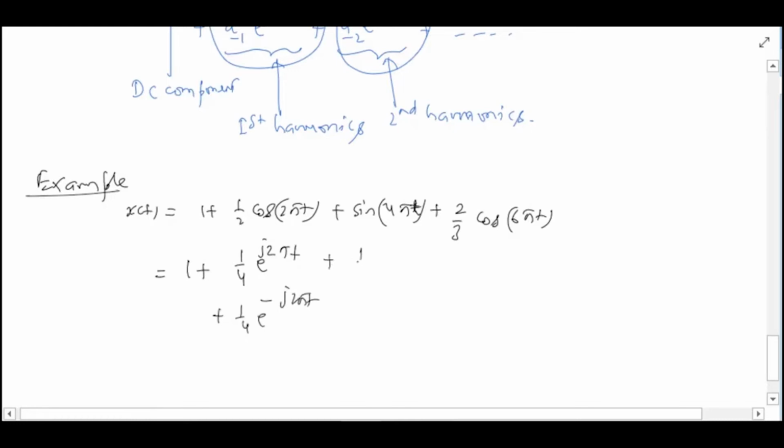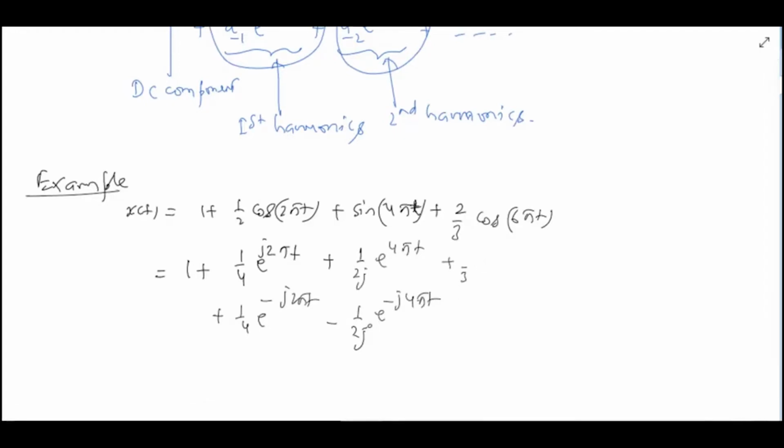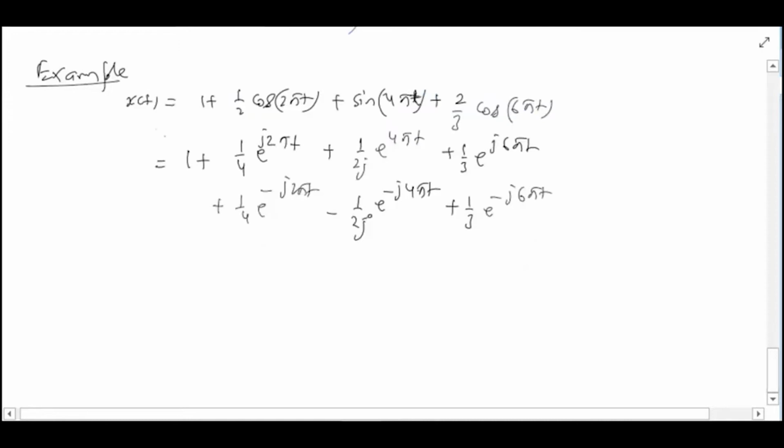Here we will have 1 over 2j e raised to j 4 pi t minus 1 over 2j e raised to minus j 4 pi t, plus 2 by 3 cos, which will become 1 by 3 e raised to j 6 pi t and one more term 1 by 3 e raised to minus j 6 pi t. So we see that this signal x(t) has a DC term, first harmonics, second harmonics and third harmonics.